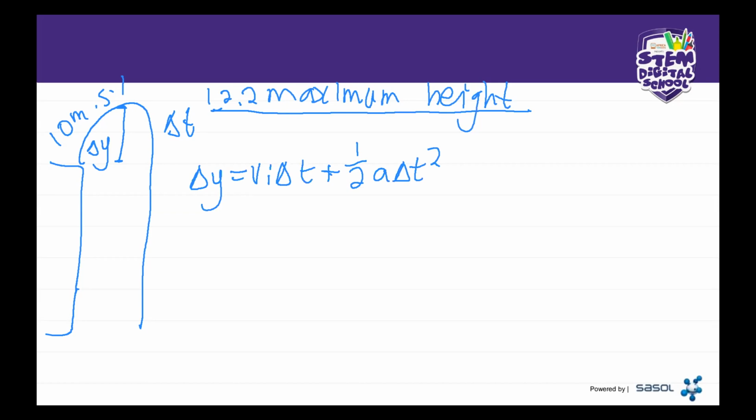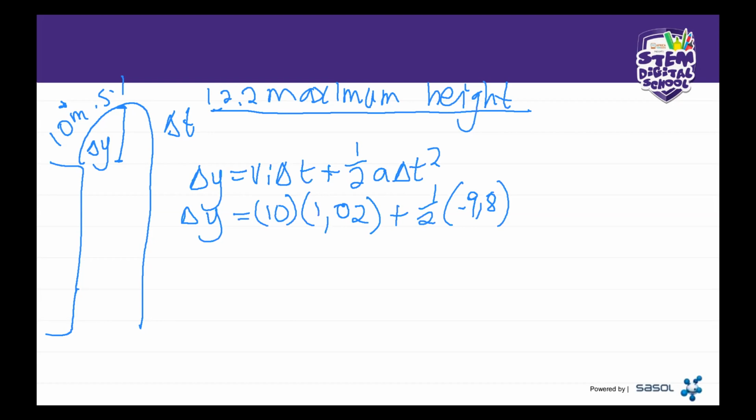So here basically it's all about substitution. We know all the givens. This is what we're looking for. Our initial velocity is 10, as we have it there. And our change in time we've already found, which was 1.02 seconds, plus a half minus 9.8 times 1.02 squared.